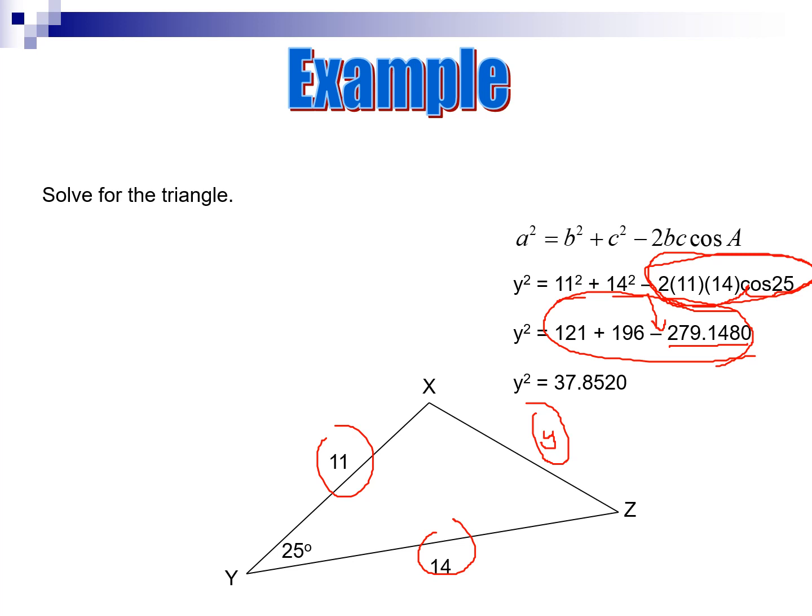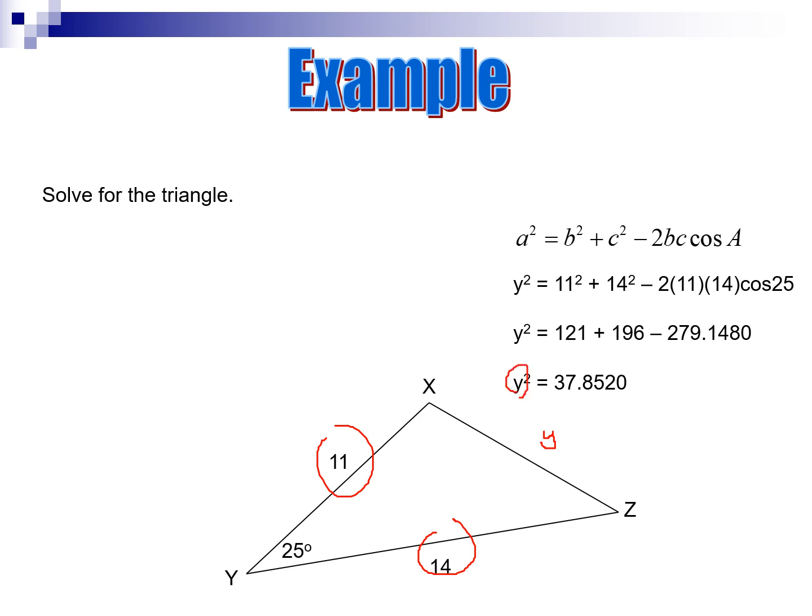And then finally, don't forget, you do need to square root the answer to get the y. And there we have it. Turns out that y is equal to about 6.1524. We are going to go ahead and round to 4 decimal places.